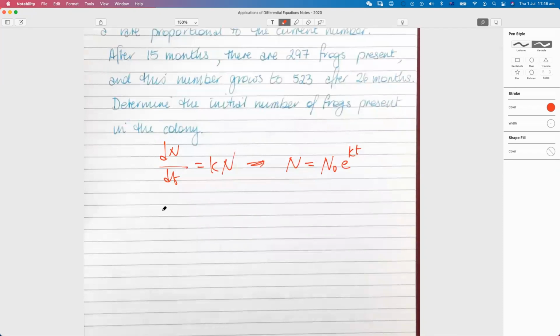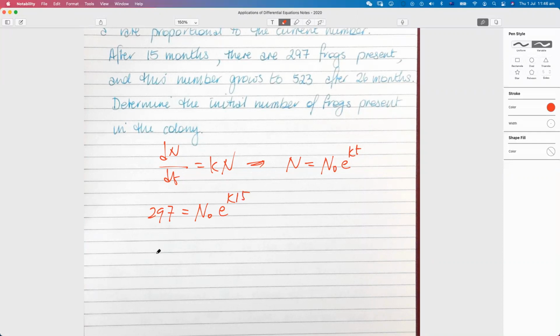Then we can solve a simultaneous equation by putting in the given information. First piece of information: after 15 months, there are 297 frogs. So 297 is equal to N naught e to the k times 15 months. That's our first equation.